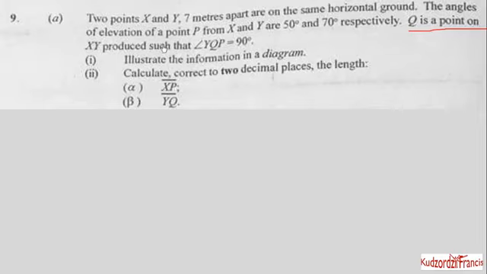We're told that Q is a point on XY produced, and the keyword is produced, meaning that Q can never be between X and Y. So if this is X and this is Y, this is XY. When I ask you to produce XY, you're either going in this direction or that direction.